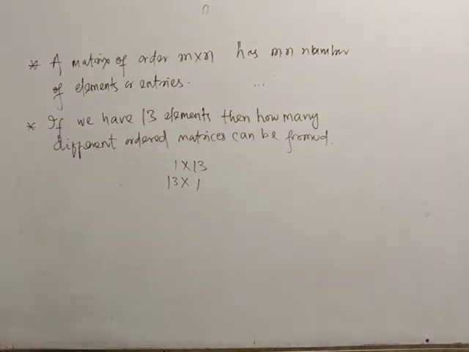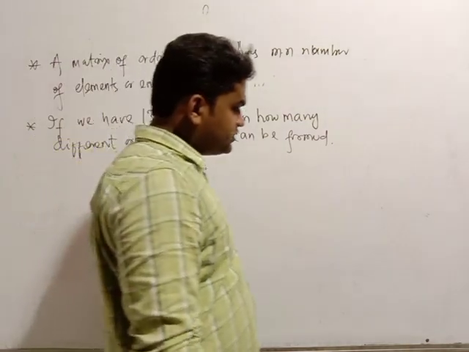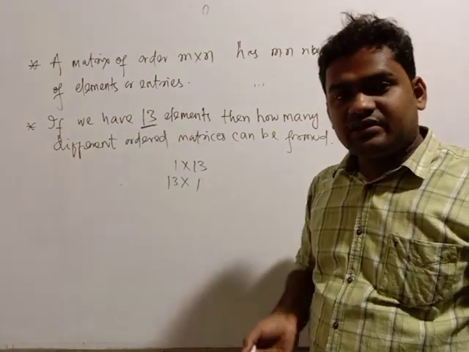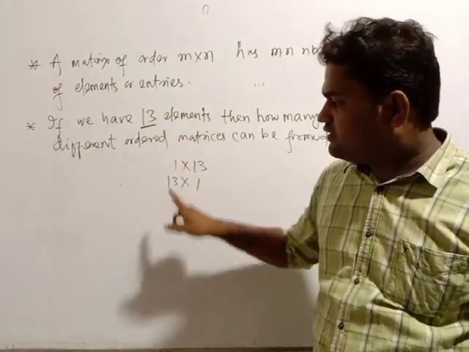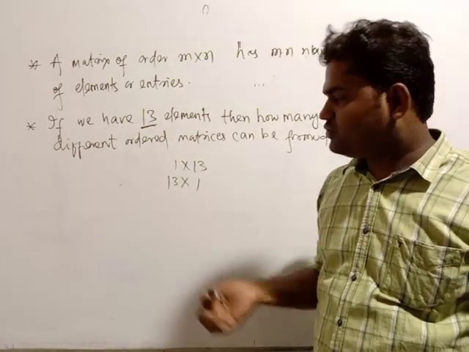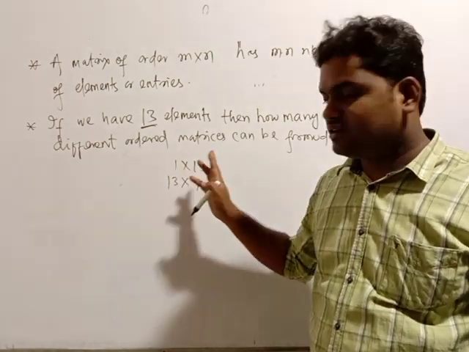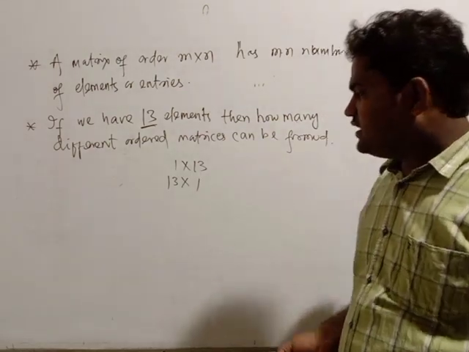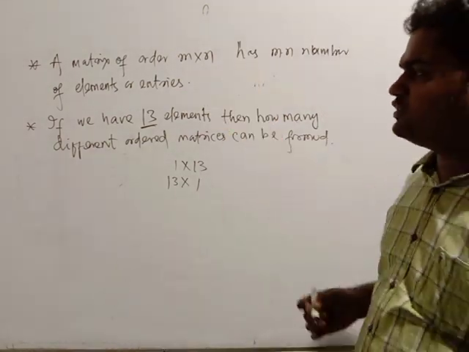And other order matrices are not possible, because this is a prime number, it has only two divisors, 1 and 13. So we can write it as 1 by 13, or 13 by 1. Similarly, go to the previous example.